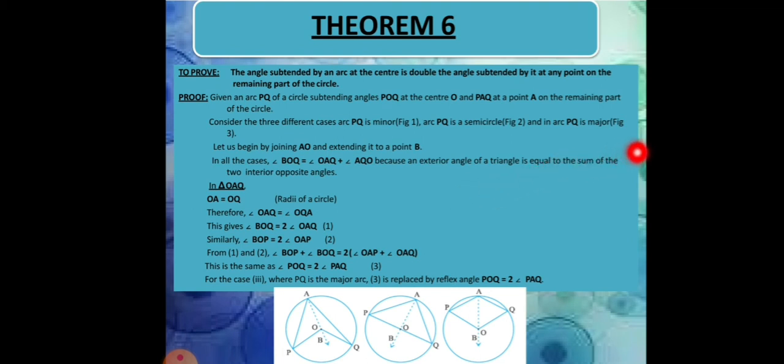So, angle POQ is double of angle PAQ. This is the third. This is a proof that angle POQ is double of angle PAQ. This shows that the angle subtended by an arc at the center is double the angle subtended by it at any point on the remaining part of the circle.